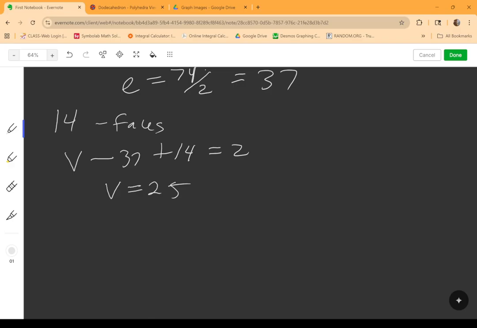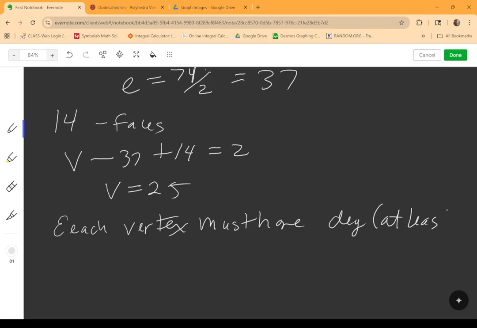All right. Okay, so that means that through Euler's formula, there have to be 25 vertices. Now each vertex must have degree at least 3 in order to have a proper solid.